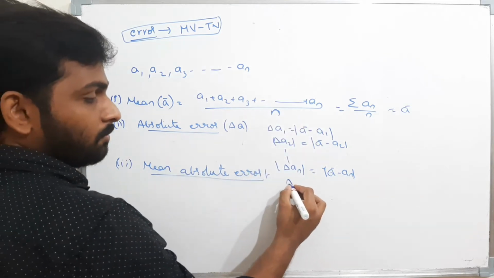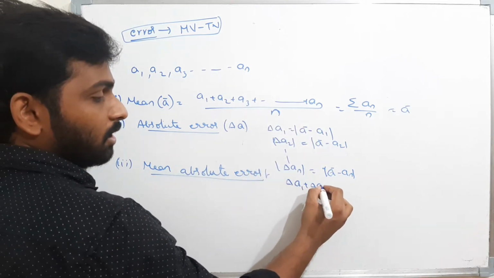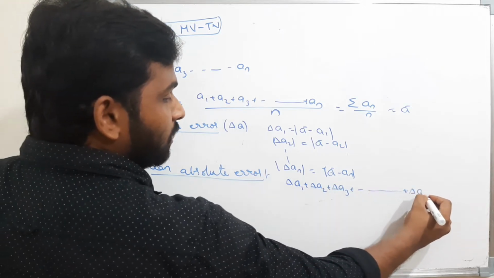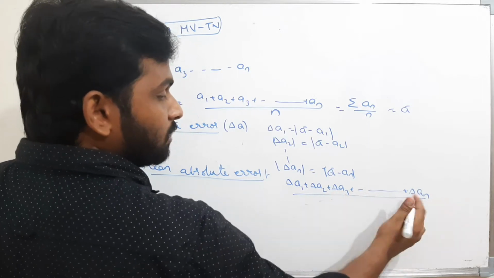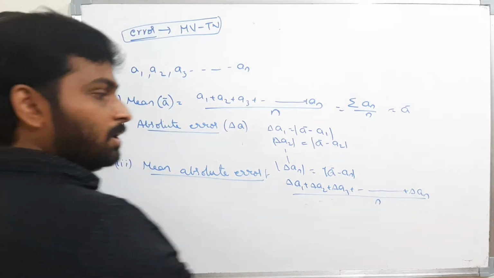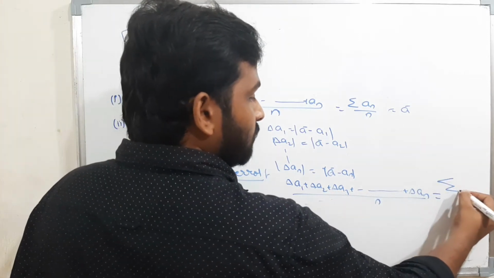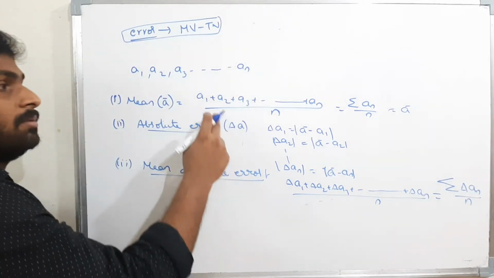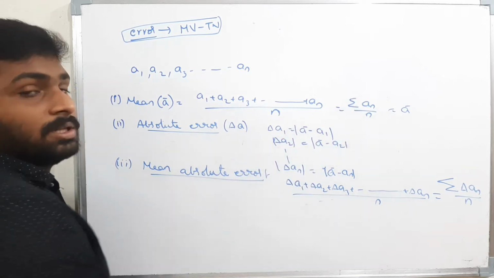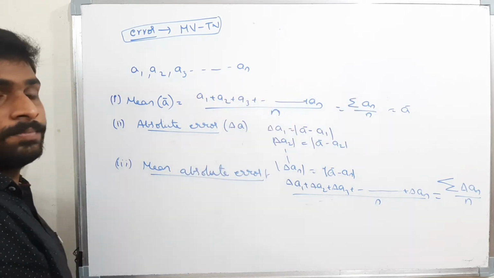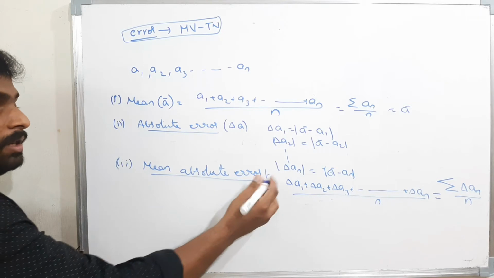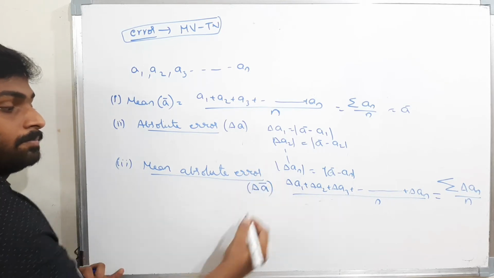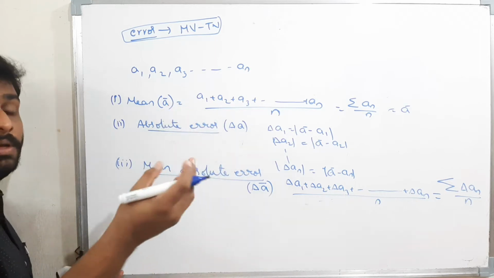That is delta A1 plus delta A2 plus delta A3 and so on plus delta AN, divided by the number of terms n. I can simply write it as sigma delta AN by n. Sigma is nothing but the summation, the sum of all the terms. This is given by the symbol delta A bar. This bar represents the mean value.